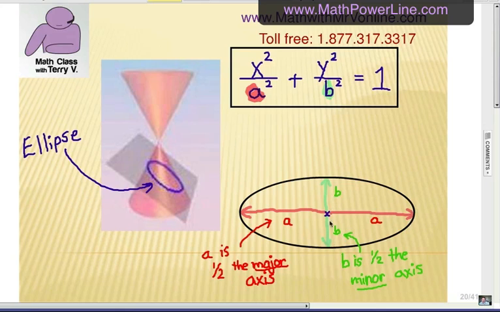And the entire minor axis, how thick the ellipse is, at the narrowest point, is 2b lengths. So b is 1/2 the minor axis. A is half of the major axis, B is half of the minor axis. So if you have an equation in this form, you can immediately find how wide, left to right, the ellipse is and how tall it is up and down.